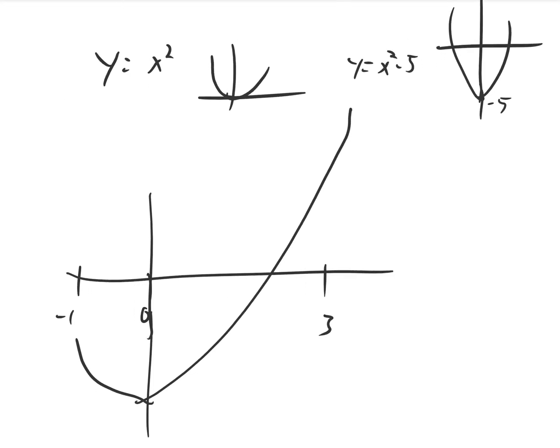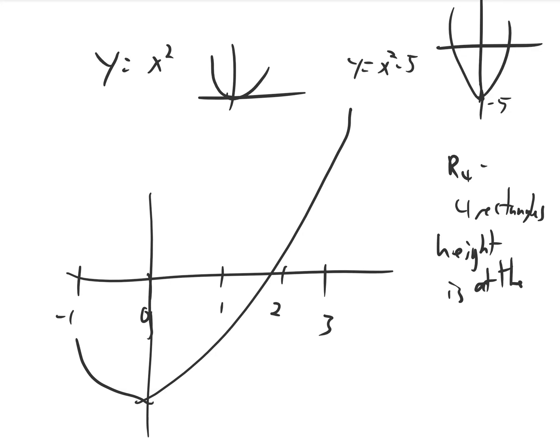And now on each of these intervals, something like that, we're going to draw a rectangle. And because this is R4, so that's 4 rectangles, where the height of the rectangle is at the right edge of the subinterval.